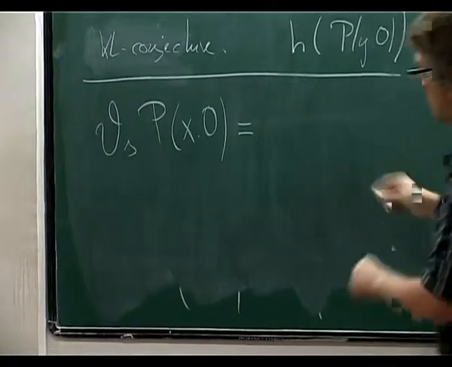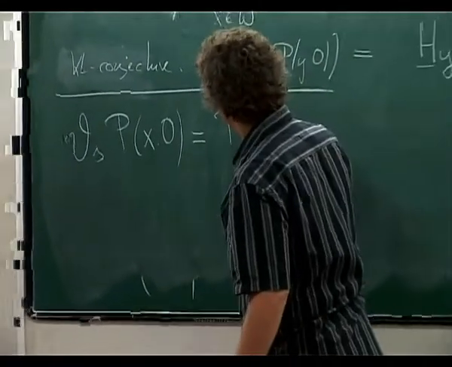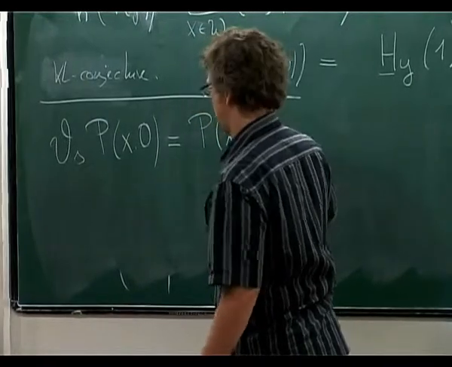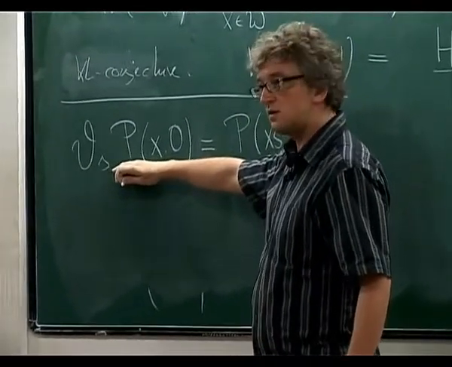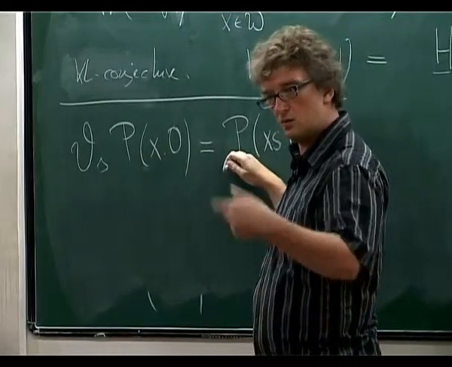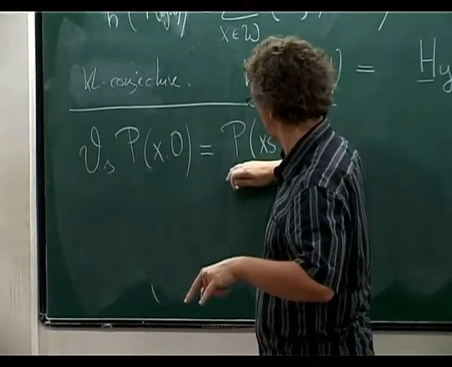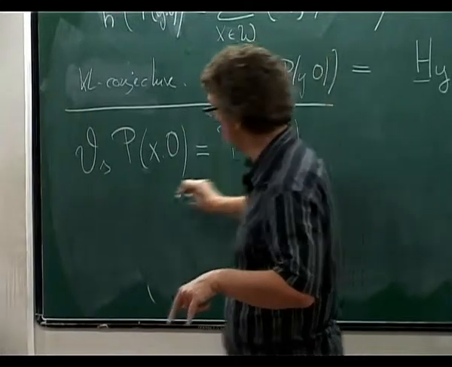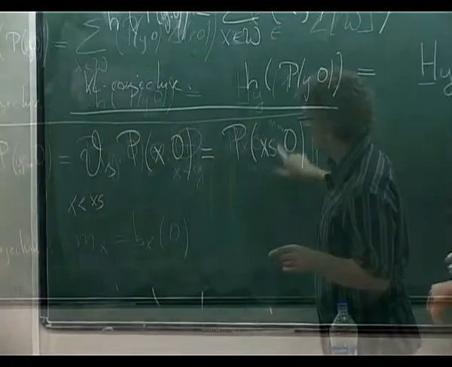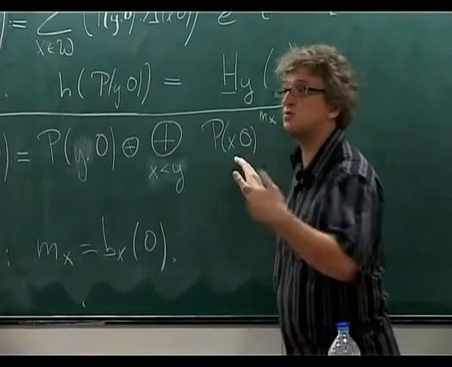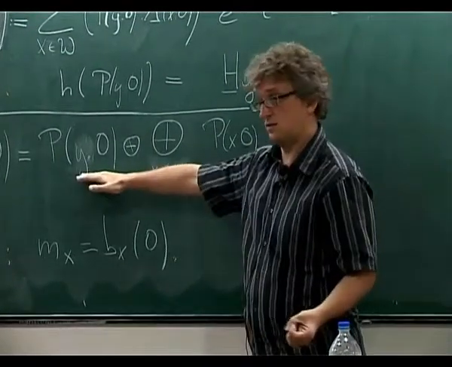And it's easy to see that p_xs dot 0 appears once, because the Verma module delta_x dot 0 appears once here, and that's the only one where you apply theta_s that can give a contribution of xs dot 0, given that x is smaller than xs. Projectives we have to subtract in order to get the one we want.